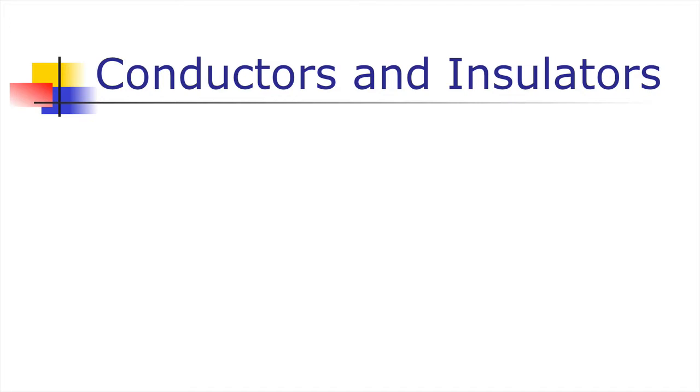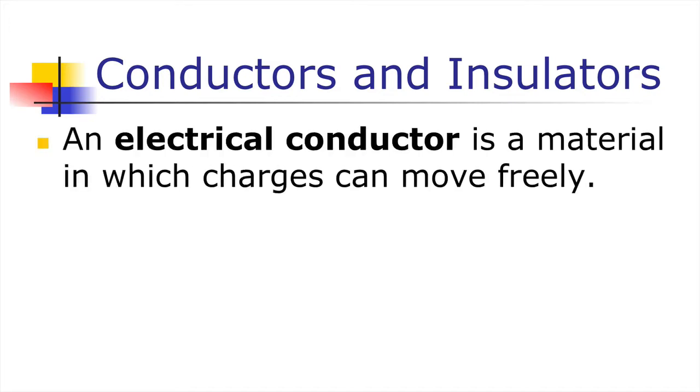So the first thing is, in general, materials can be categorized as conductors and insulators. An electrical conductor is a material that has freely moving electrons, and it can conduct electricity very easily.